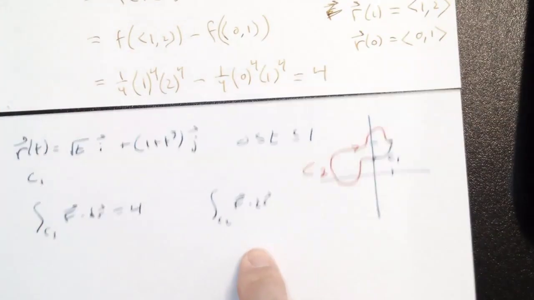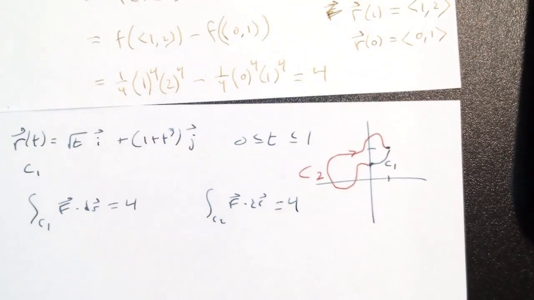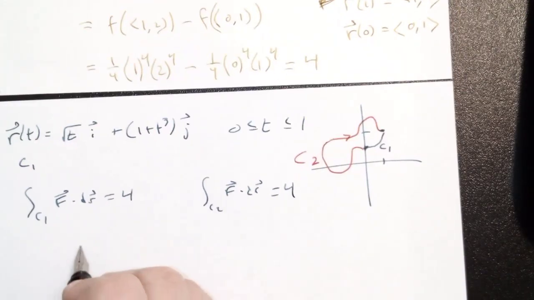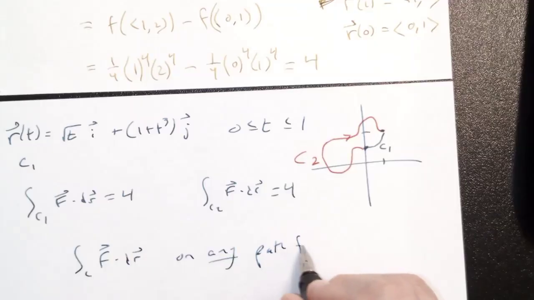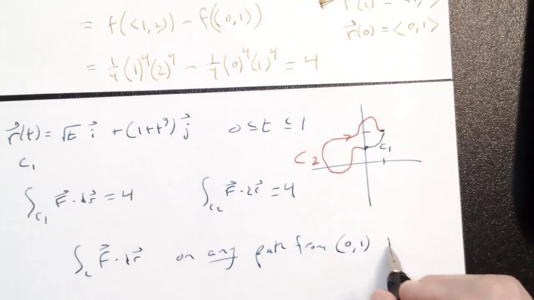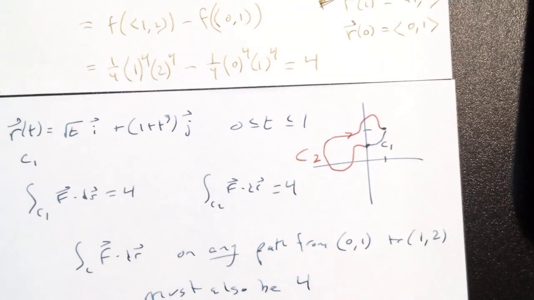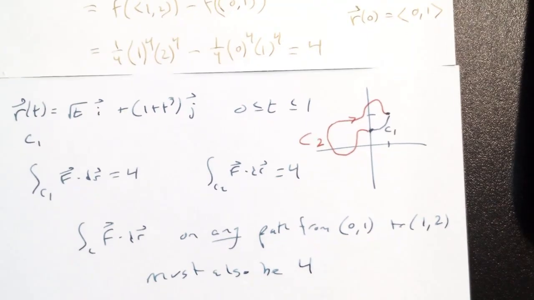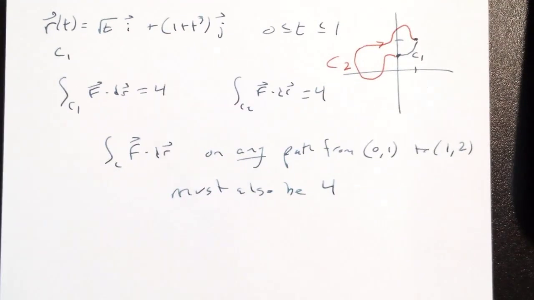This integral is also 4. As a matter of fact, the integral of f dot dr on any path from (0, 1) to (1, 2) must also be 4, because this vector field is conservative.